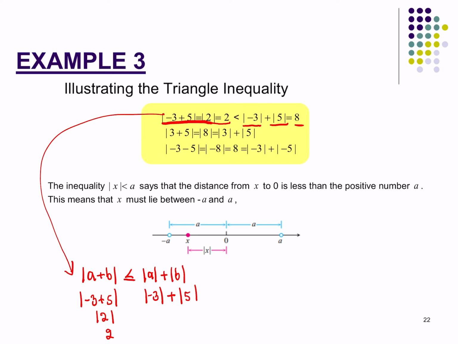The magnitude of minus 3 becomes 3, plus 5, and thus becomes 8. So this is correct if you apply rule number 4 here. 2 is less than 8, so this is correct, right?